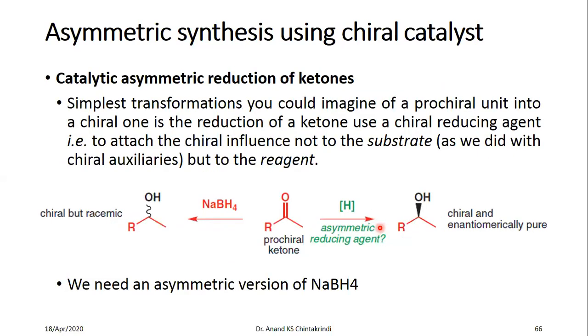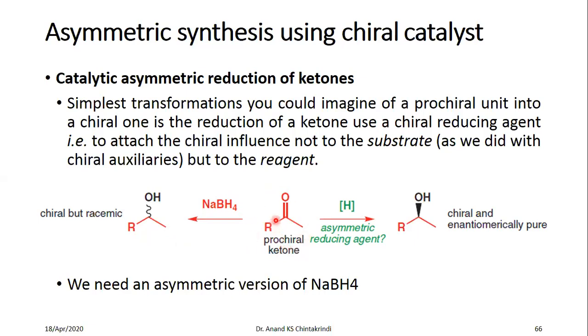Now let us look at some examples. The first example is catalytic asymmetric reduction of ketones. If you were to use the normal reducing agent, that is sodium borohydride, you will get an alcohol, which is chiral, obviously, because the carbonyl is a prochiral compound.